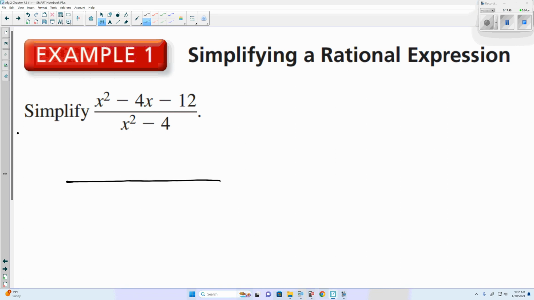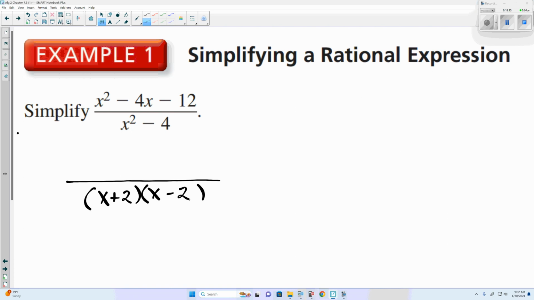So there's a good chance it's a difference of perfect squares. X squared, perfect square? Well, yes, x times x. Is 4 a perfect square? It is 2 times 2. So our denominator, x squared minus 4, will factor to x plus 2 times x minus 2. This is part of the reason we went back over factoring, because it will come up again and again with these rational expressions.